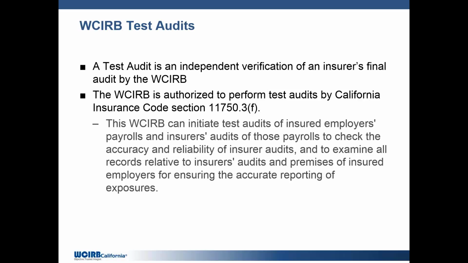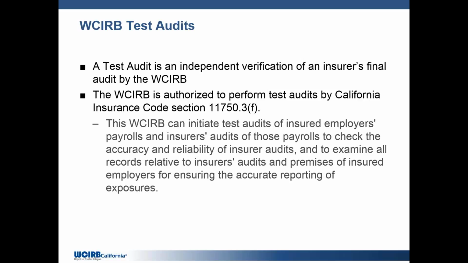And so what we do is we select a certain number of audits every month for the carriers that participate in the program, and then we go out and we do an audit. And so there may be times where your policyholder says, hey, the Bureau is contacting me and they want to perform an audit. Have you ever heard of this organization? Is that cool? And again, this is something that we do that is authorized in the insurance code.